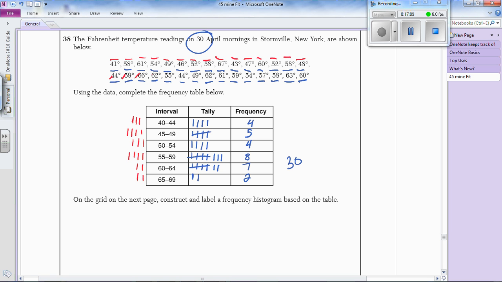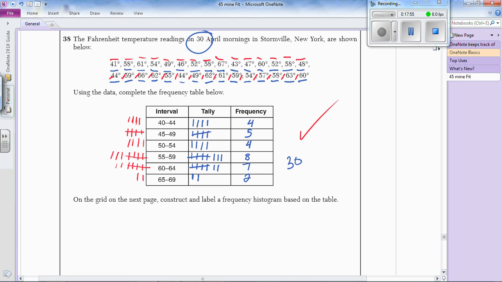Always mess that up. 62, 55, 44, 49, 62, 61, 59, 54, 57, 58, 63, 60. So 4, 5, 4, 8, 7, 2.